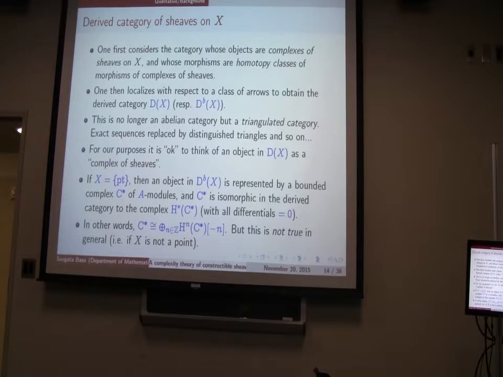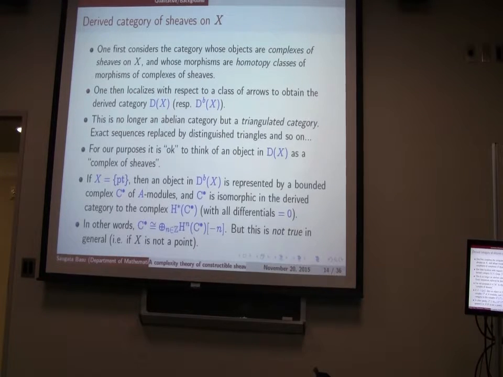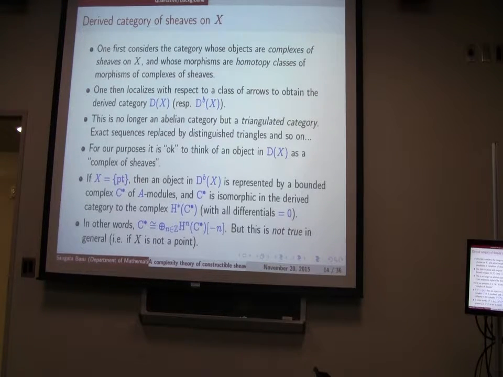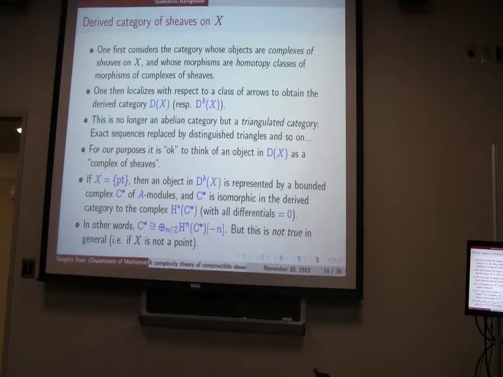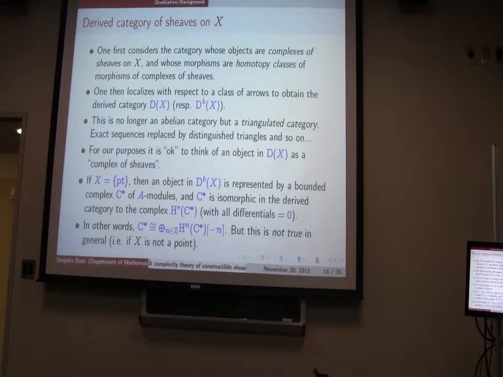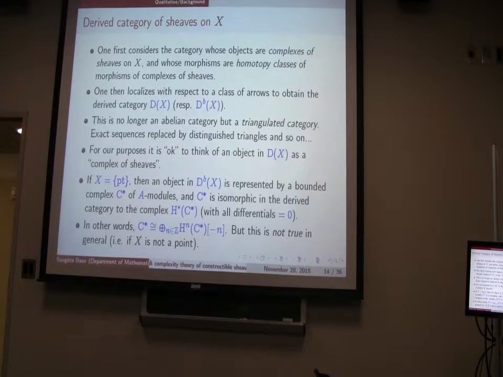And I'm saying that, of course, this represents some object in the derived category, and as long as your field is Q, then this is isomorphic to the complex which is H^i(C^•) with 0 differentials, where you take the homology of this complex.